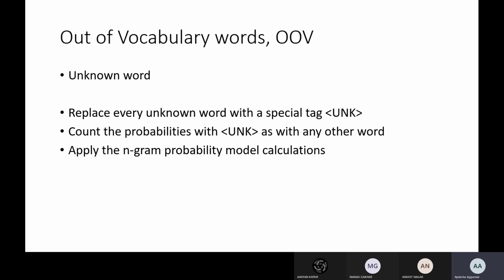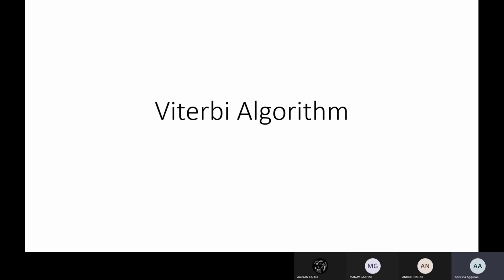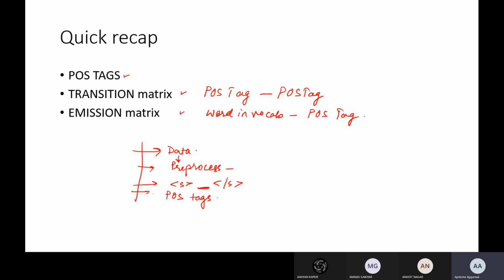Now after this whole pre-processing is done, we'll move on to the Viterbi algorithm. Now what does it do? After these steps are followed: data, pre-processing, starting and ending tags, POS tags, and processing out of vocabulary words, we generate the transition matrix and the emission matrix.